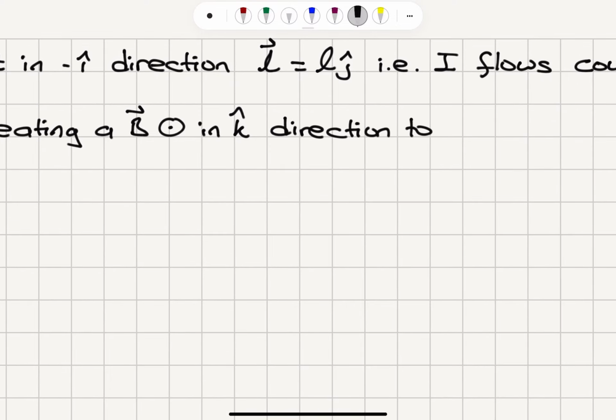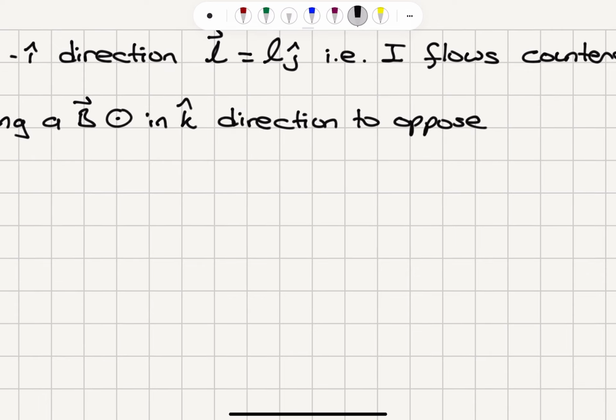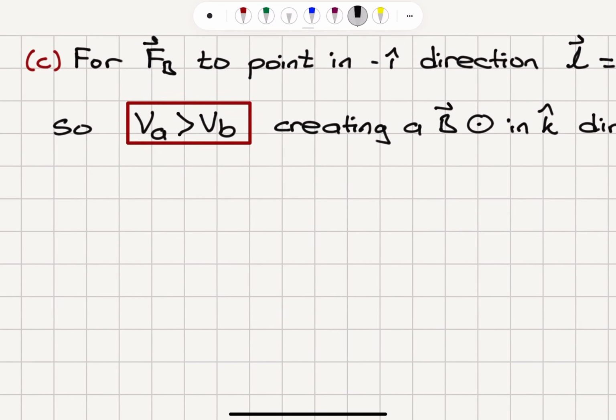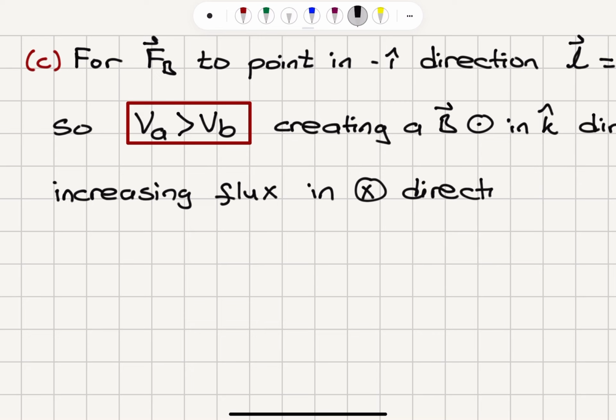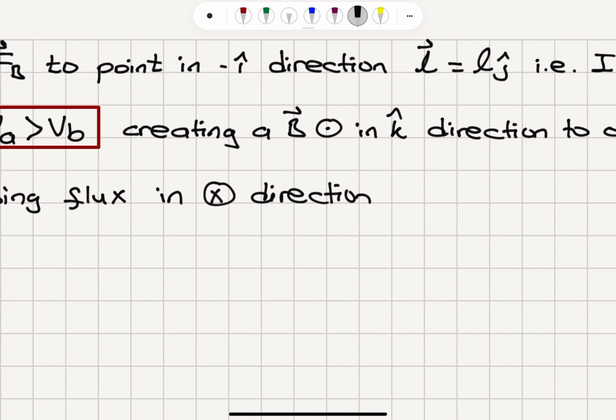to oppose the increasing flux into the page direction, which is minus k hat.